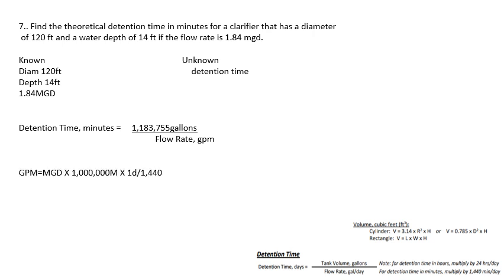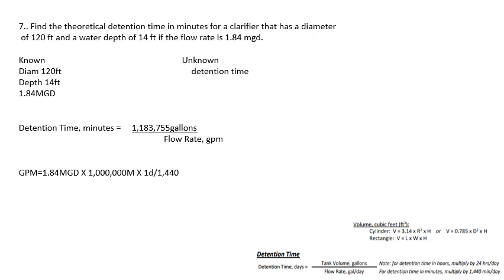We need to convert our flow rate from million gallons a day to gallons per minute. So if you notice that this question asks for detention time in minutes, we've added the million gallons a day times a million times 1 day has 1,440 minutes.